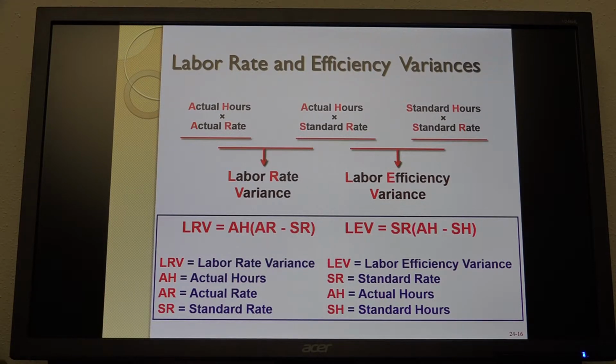We're talking about dollars per hour to pay labor to produce these products. As far as the labor efficiency variance, you're going to take your standard rate and multiply that by the difference between actual hours minus standard hours.